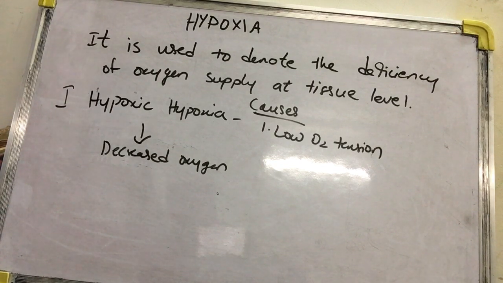For example, if the patient is put on a ventilator, he will be given artificial oxygen, so there is a chance of lower oxygen tension.